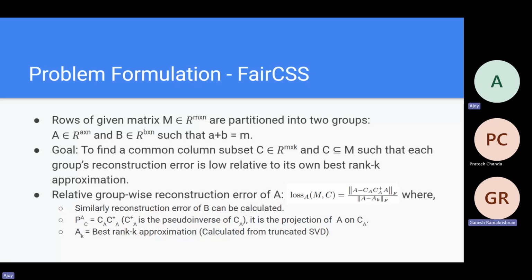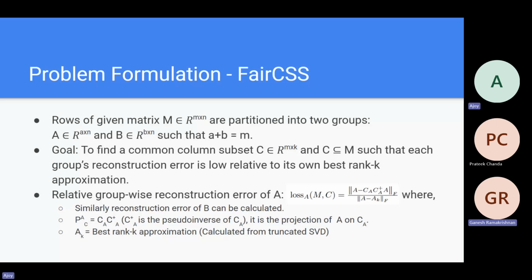Such that each group's reconstruction error is low relative to its own best rank-k approximation. So the relative group-wise reconstruction error of A is only with respect to A. There's no B there. You can have similarly for B.